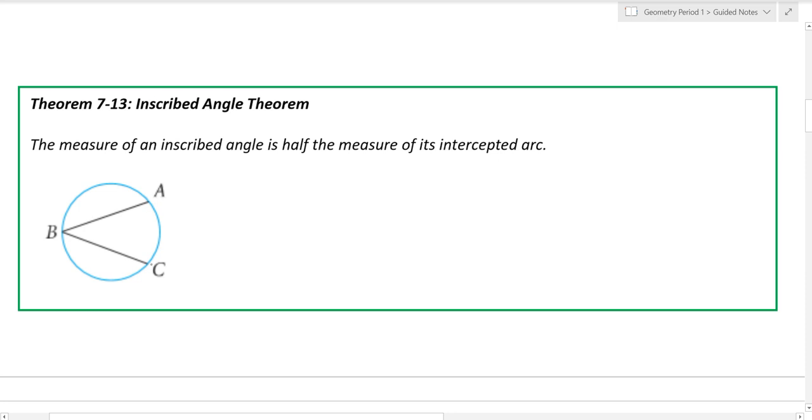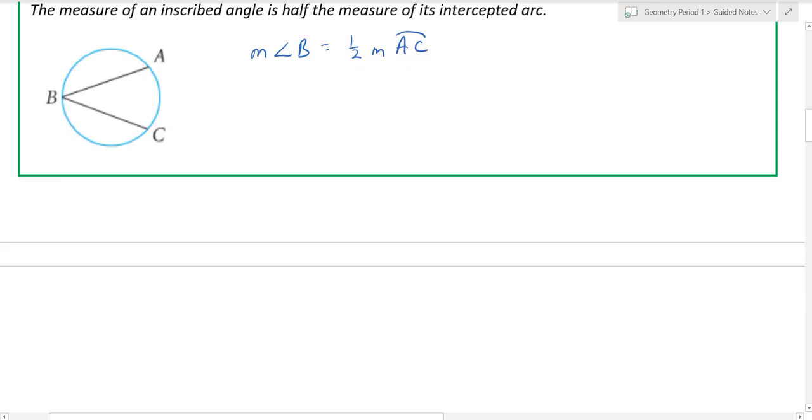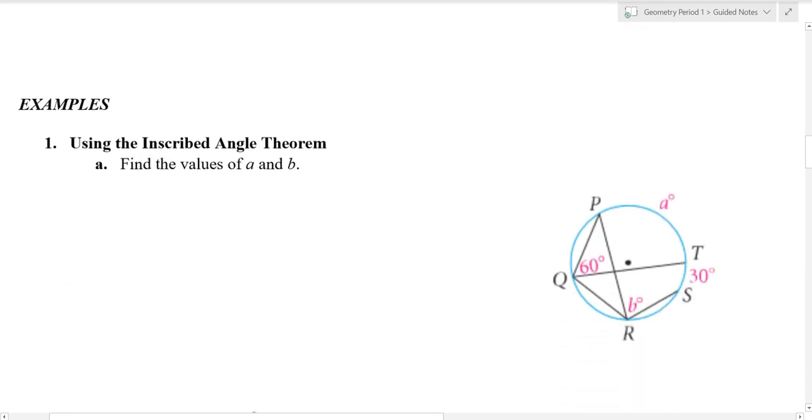Based on Theorem 7.13, we can say that the measure of angle B equals 1/2 the measure of arc AC. And that's what the theorem states, and we can use this to solve certain problems. We're going to take a look at some examples right now. So let's get to it.